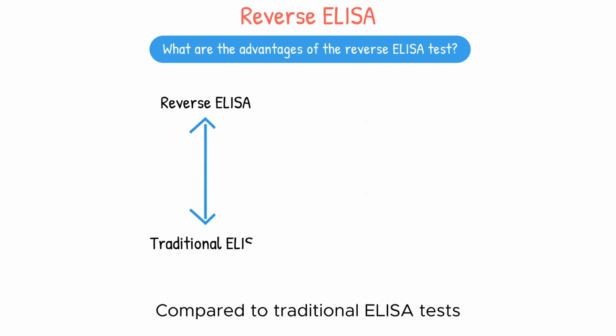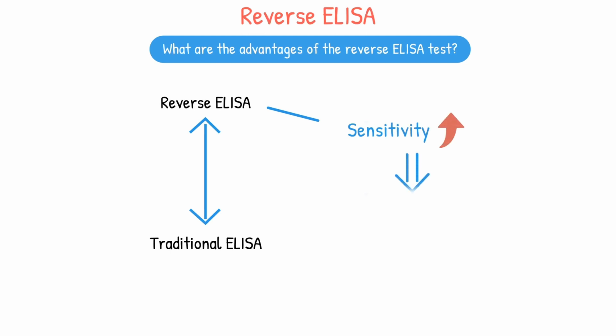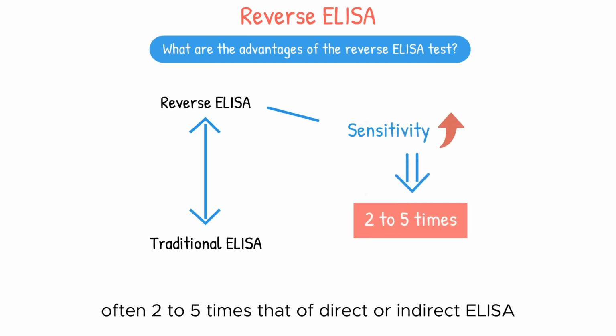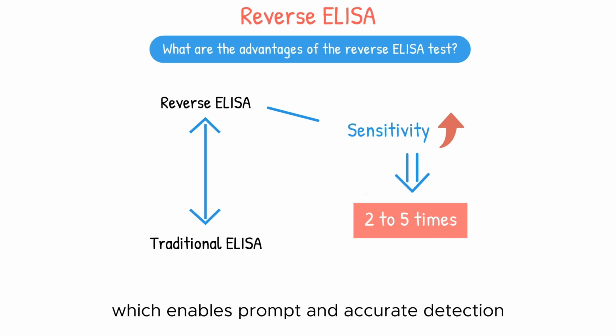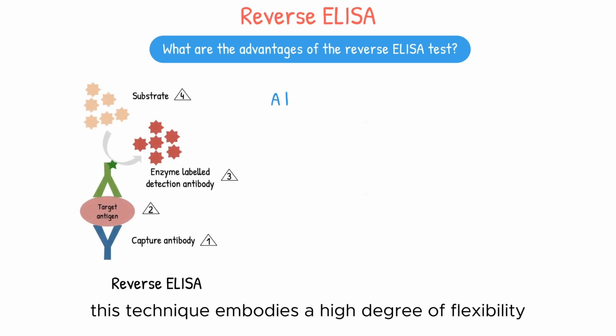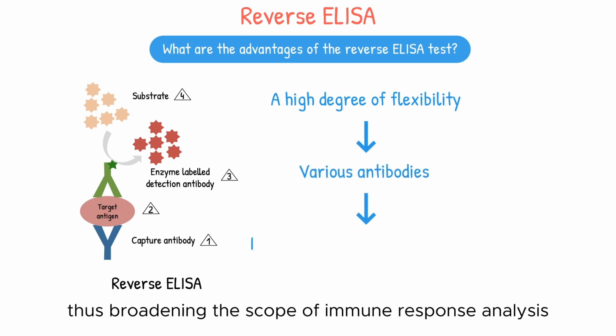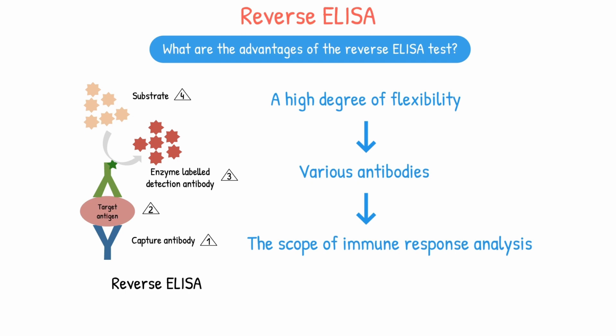Compared to traditional ELISA tests, reverse ELISA provides enhanced sensitivity, often 2 to 5 times that of direct or indirect ELISA, which enables prompt and accurate detection of antibodies in an unknown sample. Moreover, this technique embodies a high degree of flexibility due to its capacity to detect various antibodies, thus broadening the scope of immune response analysis.